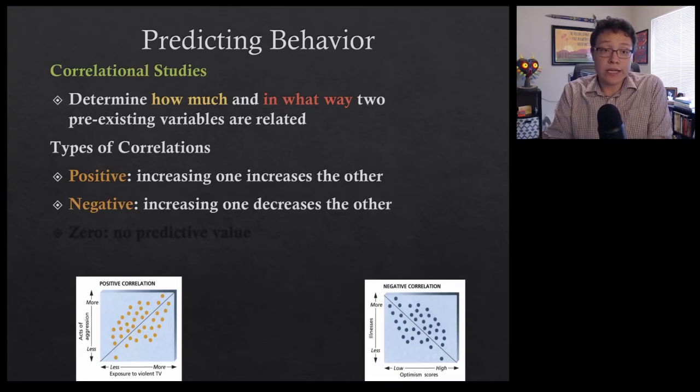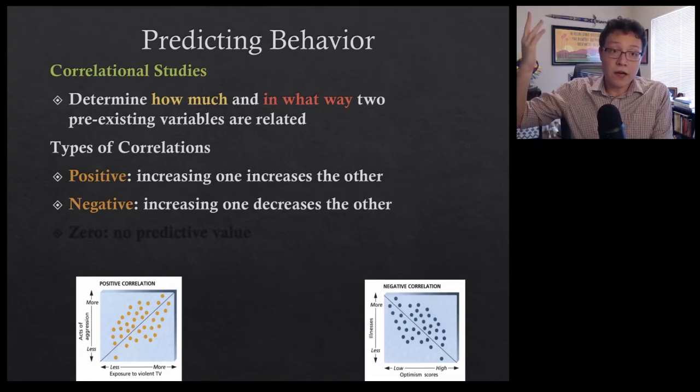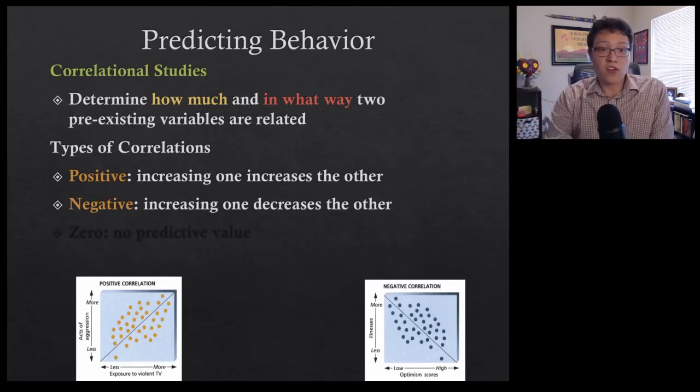But a negative correlation, right, increasing one variable decreases the other. So maybe we have how ill you are on a scale, right? Maybe you are extremely ill up here versus you've just got the sniffles down here, and how optimistic you are for the future. So the more sick you are, the less optimistic you are for the future in this case.